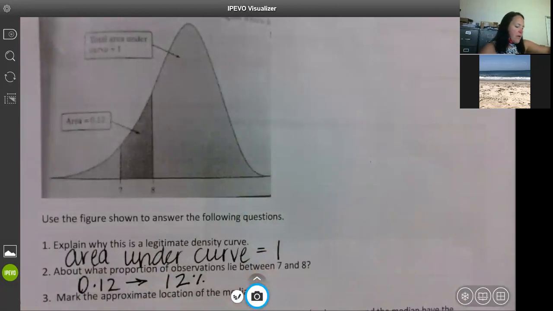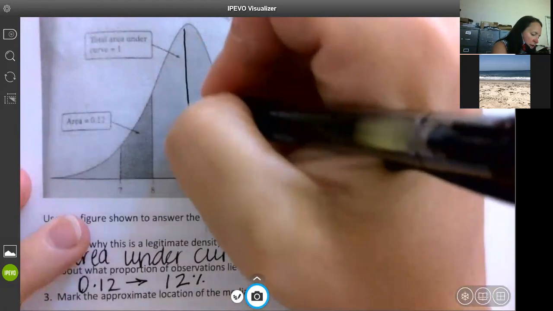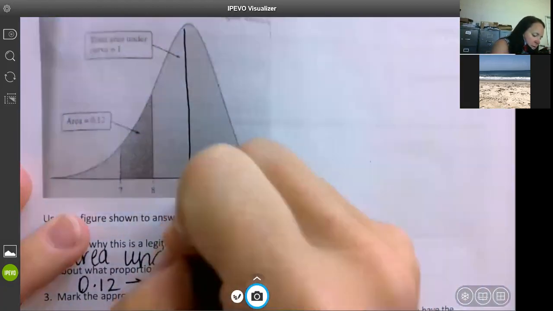Mark the approximate location of the median. What's the median got to be? It's going to be in the middle, or equal area. So your median is actually going to be more towards the top, like the actual peak of the curve, because it's a little bit skewed, right? Everybody see that? So your median is going to be more over here. And this is an approximation.